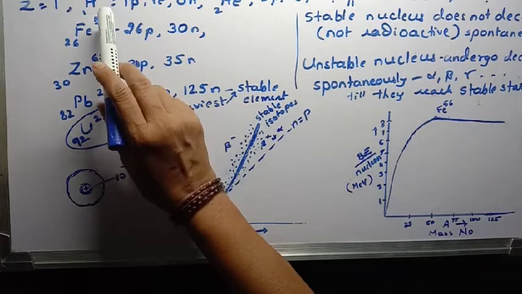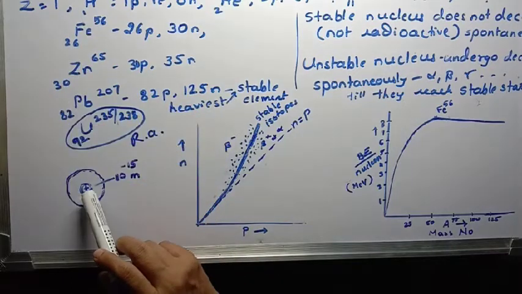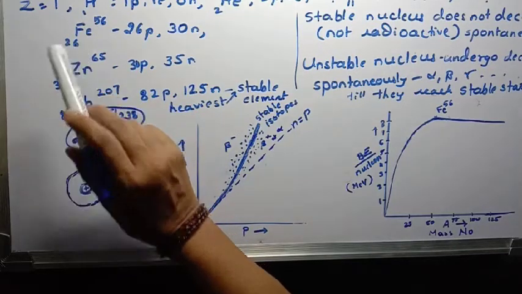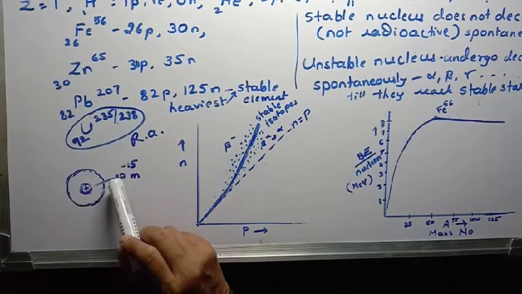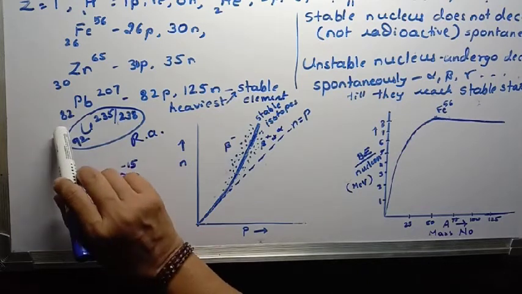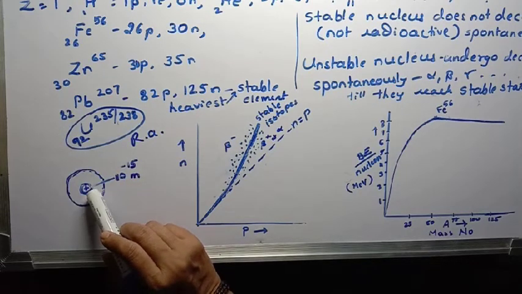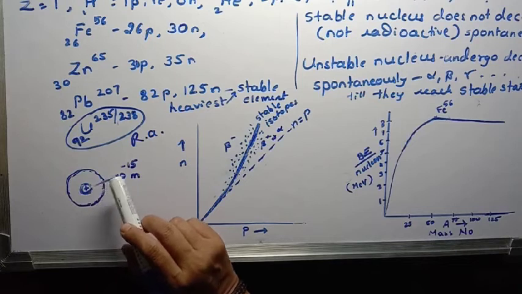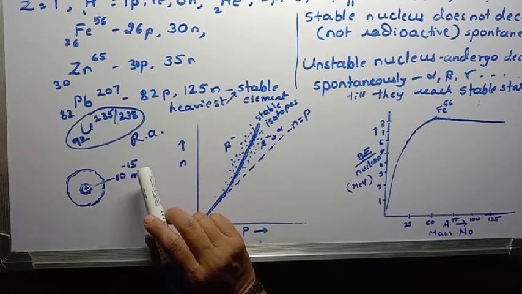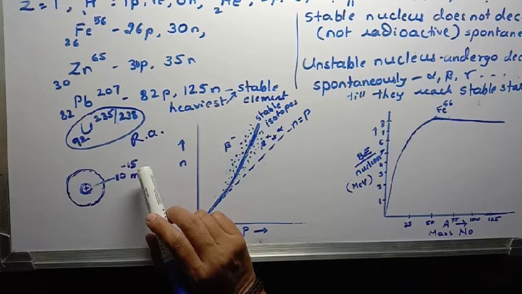If it is 1, only 1 proton is present. If it is 26, 26 protons are present in this small volume. If it is 82, there are 82 protons. Protons are positively charged particles, and like charges repel each other.